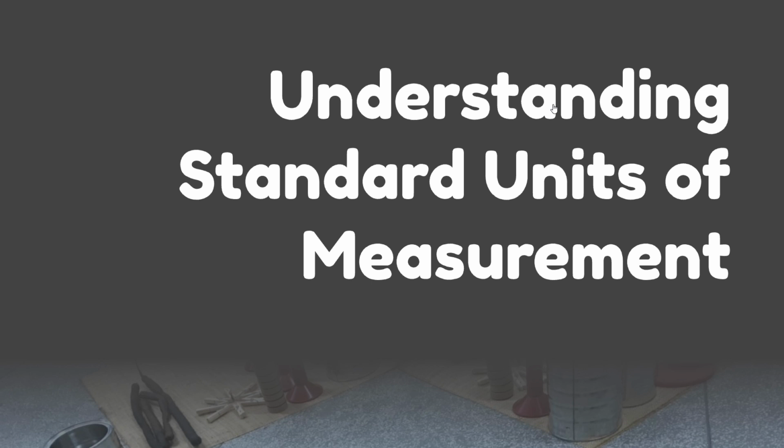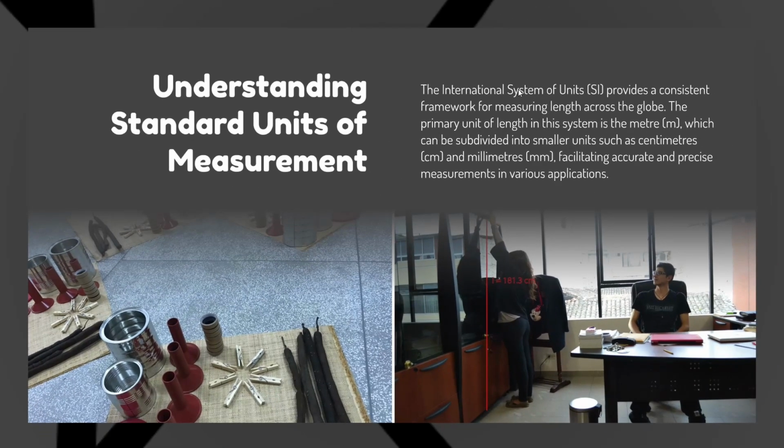So understand the standard units of measurement. The International System of Units, SI, provides a consistent framework for measuring length across the globe. The primary unit of length in this system is the meter. So this question is literally asked in your examination.